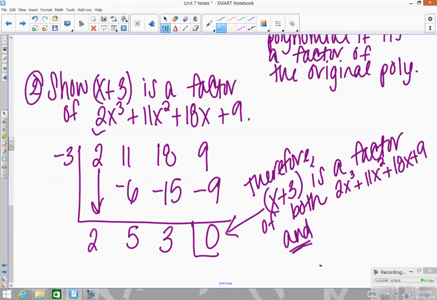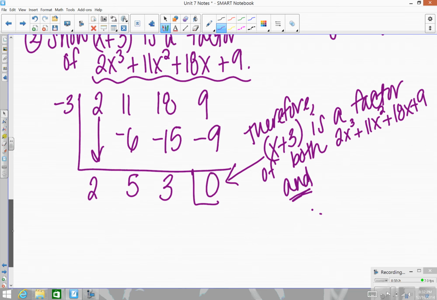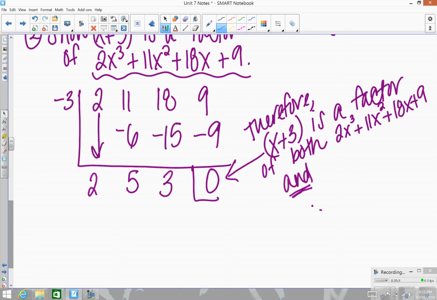But since this polynomial is a factor of the original, that means that x plus 3 is also a factor of the original, since it's a factor of this 2x to the third plus 11x squared plus 18x plus 9. So I also know that x plus 3 has to be a factor of the original here, 2x to the fourth plus 7x to the third minus 4x squared minus 27x minus 18, because the remainder is 0.